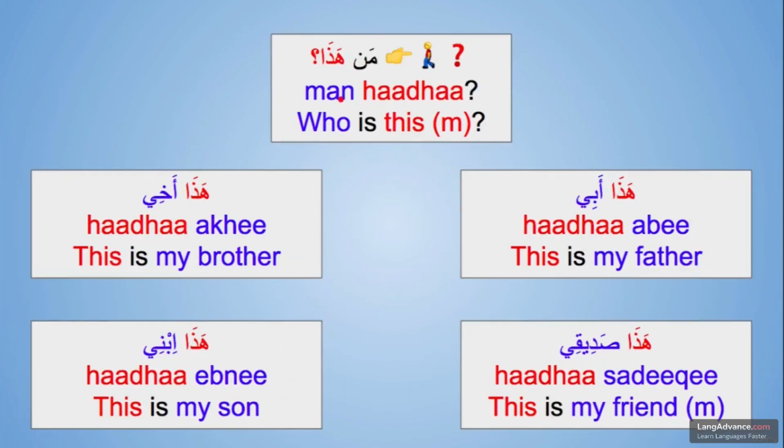And we can also use the demonstratives to refer to people, so we can ask the question من هذا, who is this? So we can answer this by saying هذا أبي, this is my father. Or هذا أخي, this is my brother.